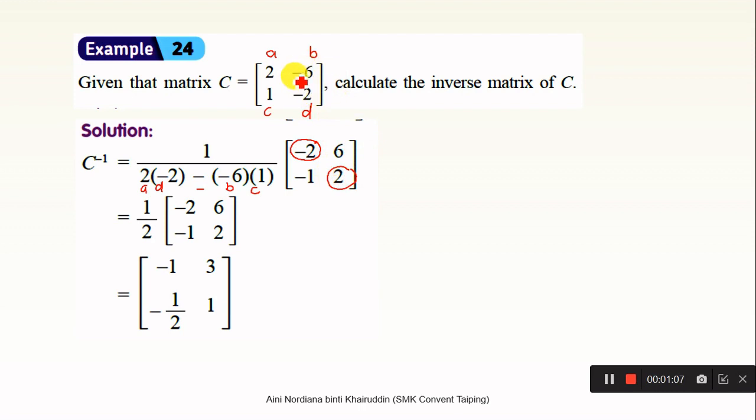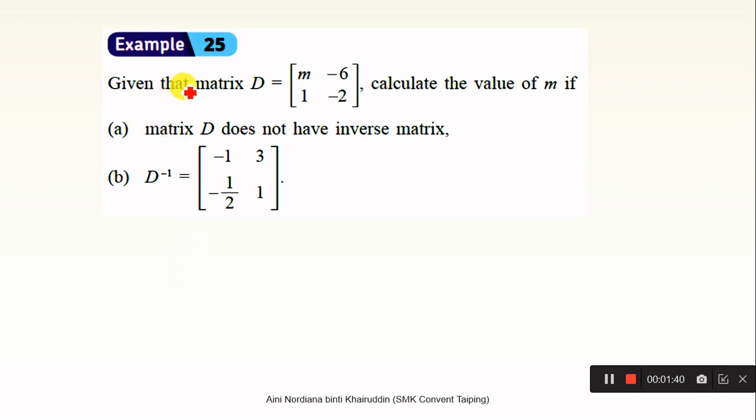So B is negative 6; when we put negative, negative 6 becomes positive. This is positive 1, so it becomes negative 1. So AD minus BC equals 2. Next, you just multiply 1 over 2 with this matrix, and you will get this matrix. So this is the inverse matrix of C.